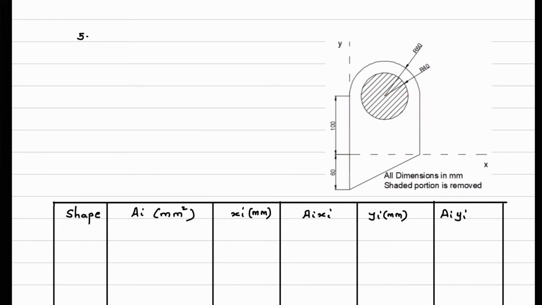So that will be 1. Then the second one is a triangle. This triangle will be 2. Third geometry is this semicircle. This will be 3. And the fourth geometry, we have to cut. Area will be negative, so this is a circle.